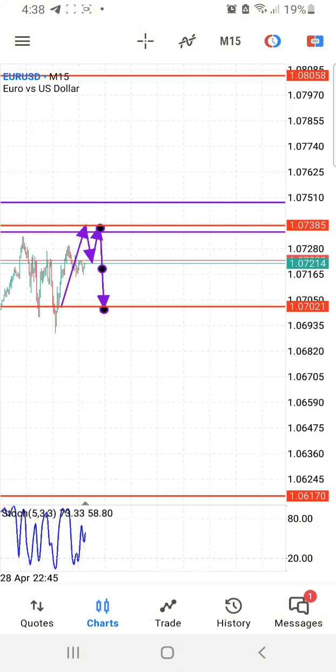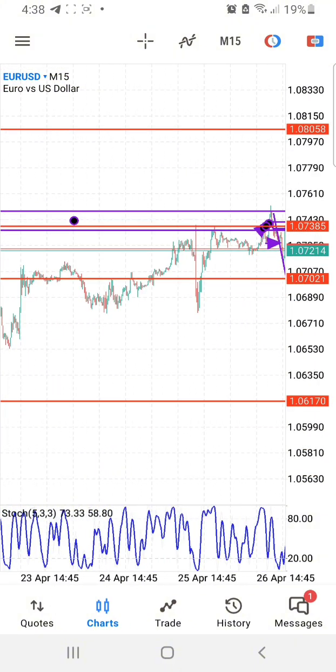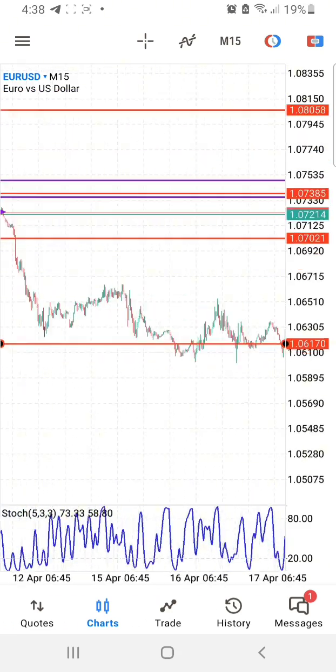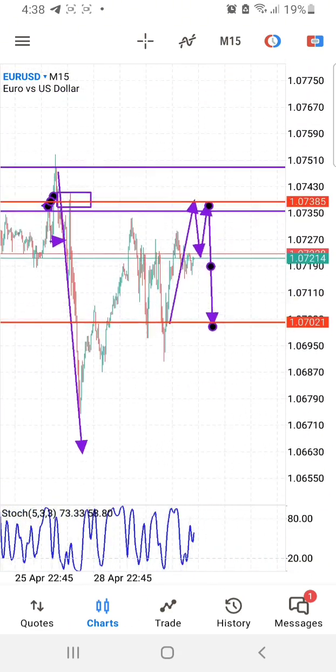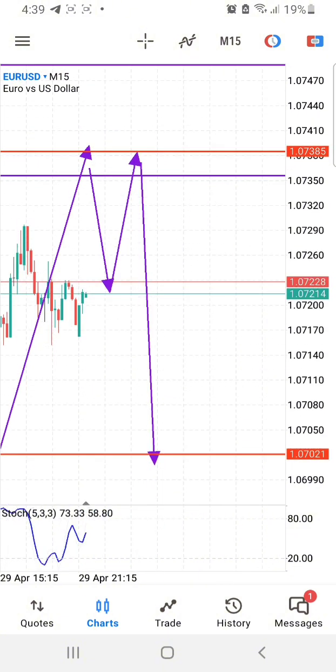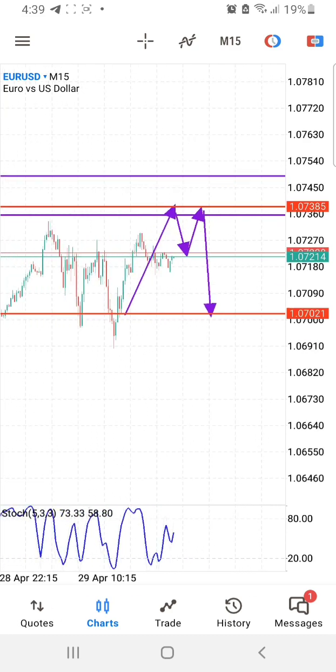I believe that definitely, from the way the market behaved to this level right here. That was beautiful. I really like that area, of how the market behaved. And yeah, that's it definitely.